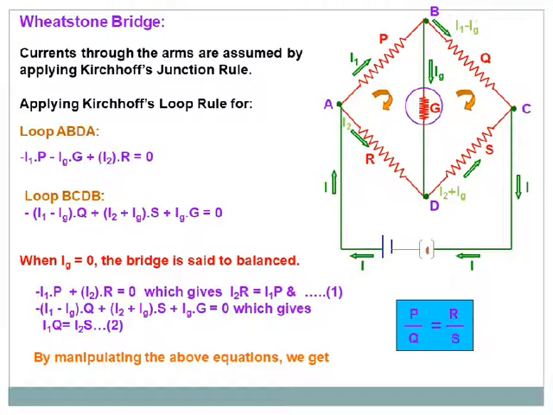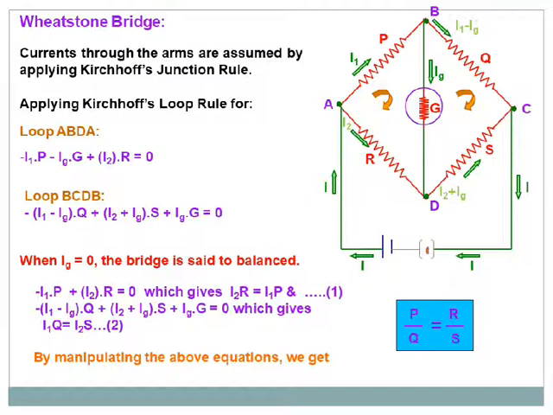Minus I1 minus Ig into the resistance Q, right? So Q. From C to D, while moving from C to D, current is in the opposite direction of the tracing path. So that will be positive. So positive of I2 plus Ig into resistance S. So into S. Now from D to B.